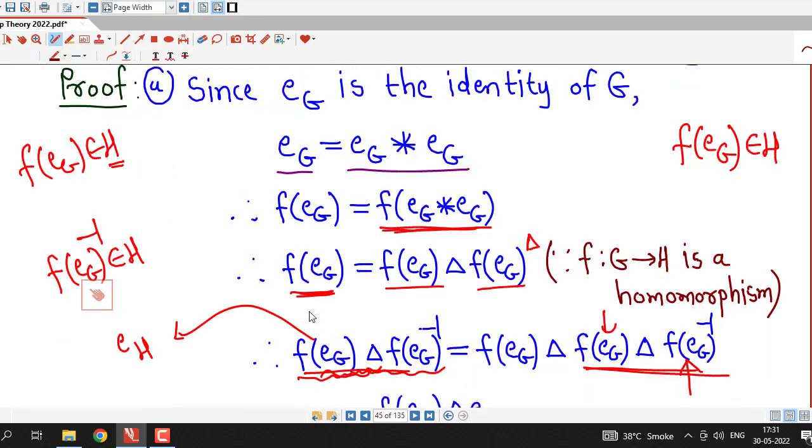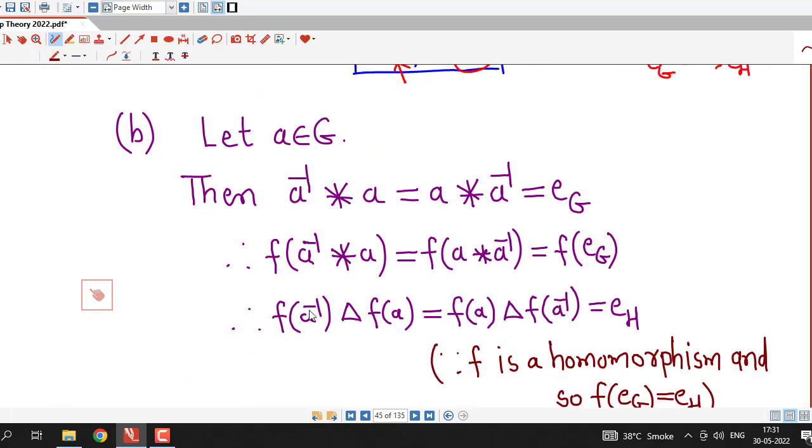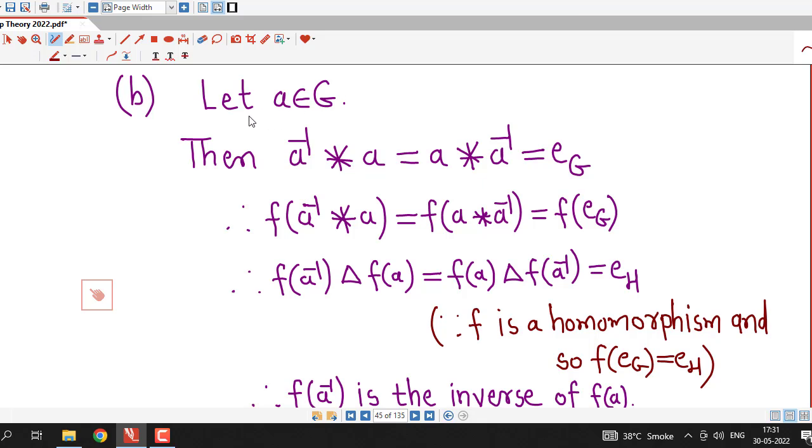So it is easy to prove these two properties that I have written here. Let a be any element of G, then by the definition of inverse we can write a⁻¹ ∗ a equals a ∗ a⁻¹ equals e_G. Now we apply f: f of this equals f of this equals f of this.